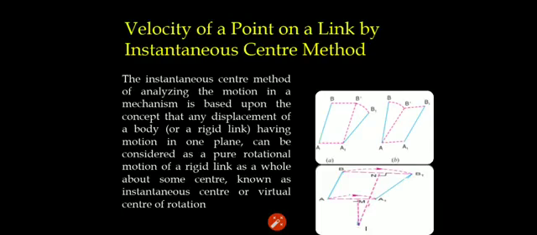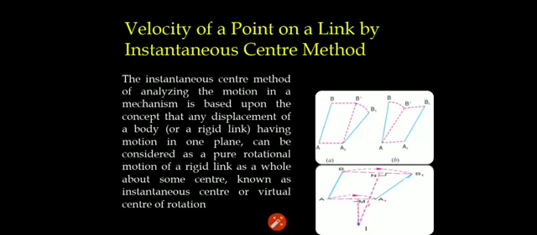The ICR, that is instantaneous center of rotation, is located in order to find out velocity and further acceleration. So finding ICR is one of the tools for finding velocity of any link in the mechanism.